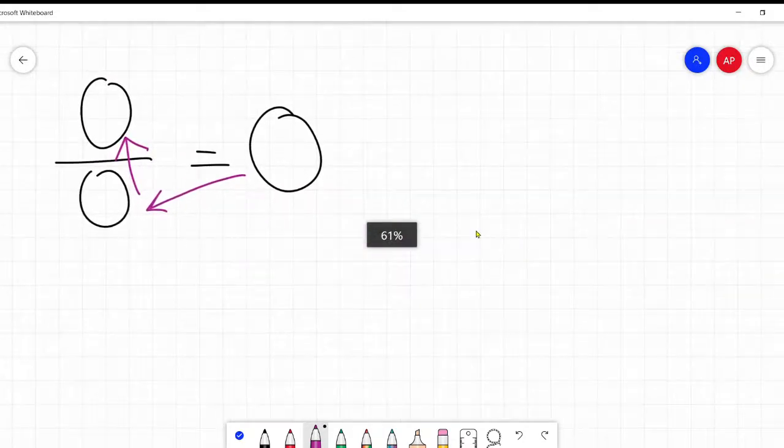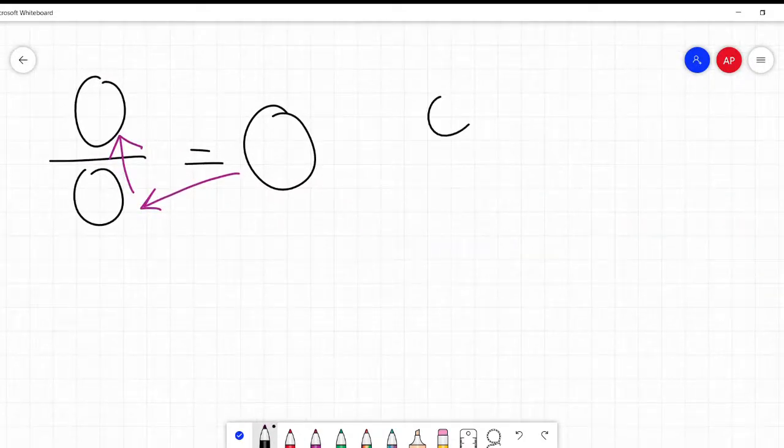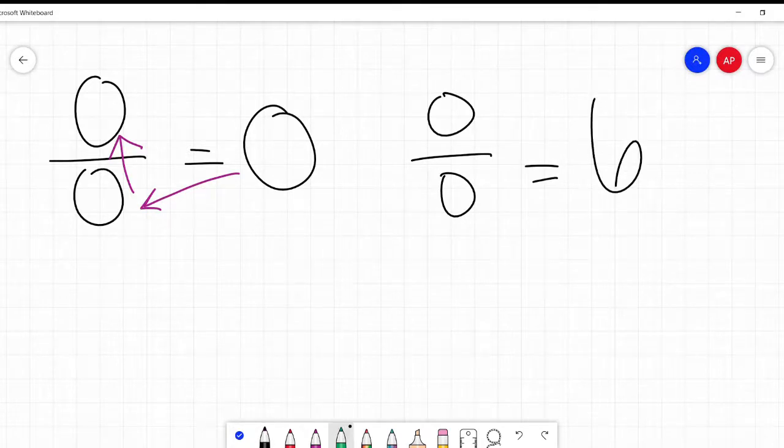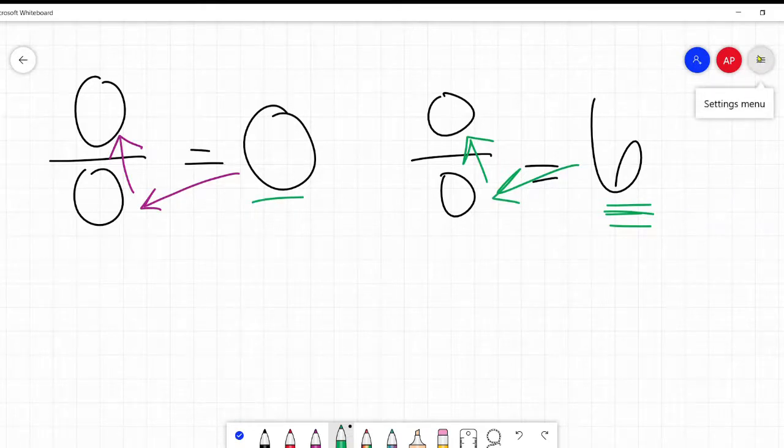Yes, but that's not the only answer that would work there, right? If I use that argument, if I put 6 there, 6 times 0 is 0. So I could have multiple answers. I could put any number over here. I need a definitive answer, not all the answers.